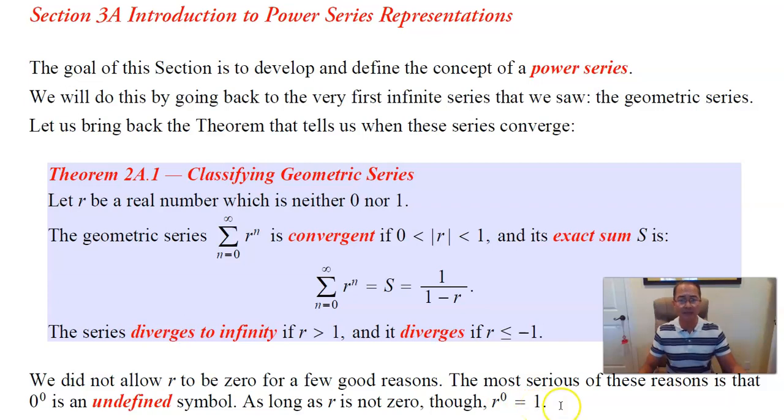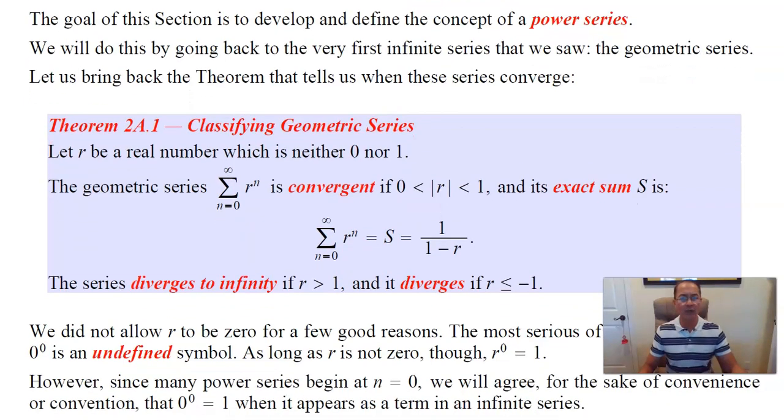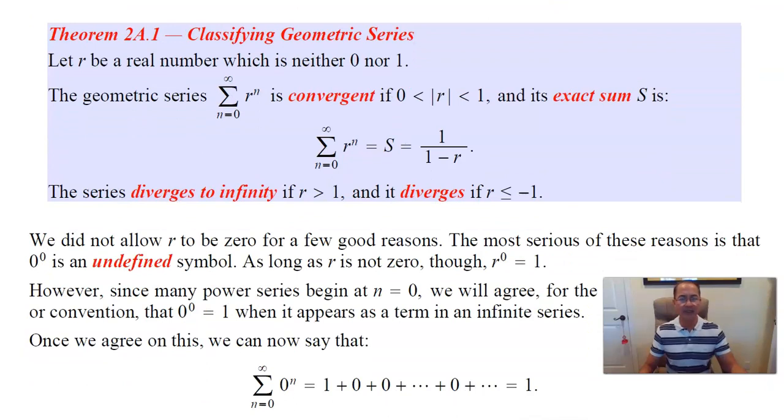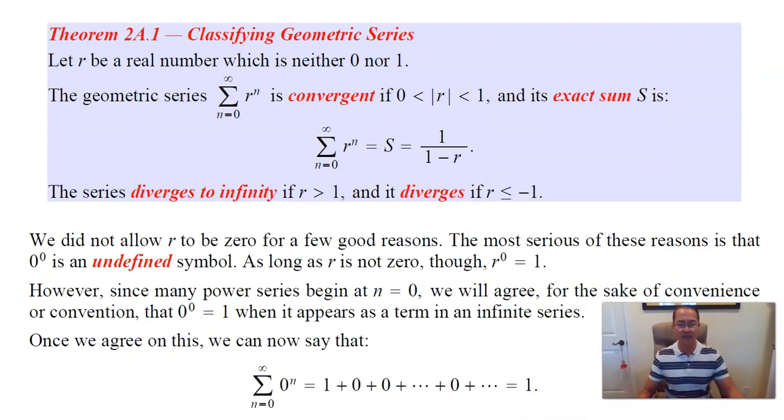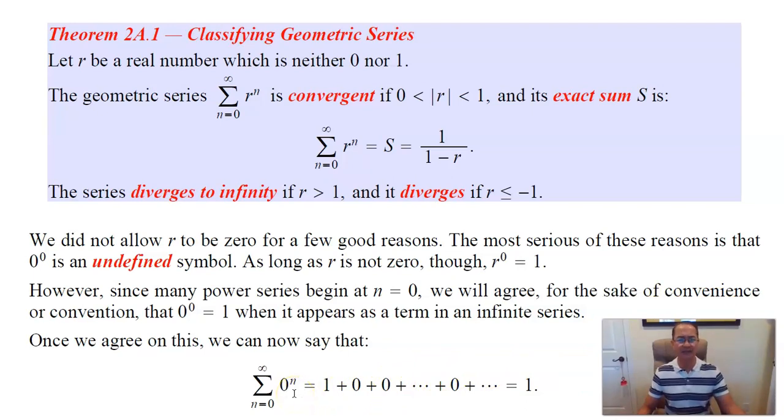So in order to make our notation easier, for the sake of convenience, we are going to say that if we have the infinite geometric series 0 to the n, which includes 0 to the power 0, well, we will just forgive that single term and say that that is just equal to 1, because when you spell out r to the n, our 0th term is 1, and then we have r squared, r cubed, and so on.